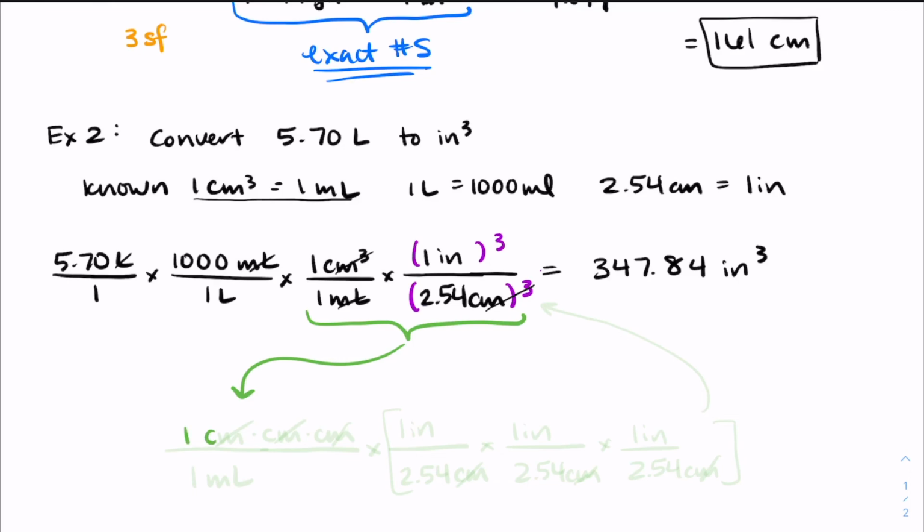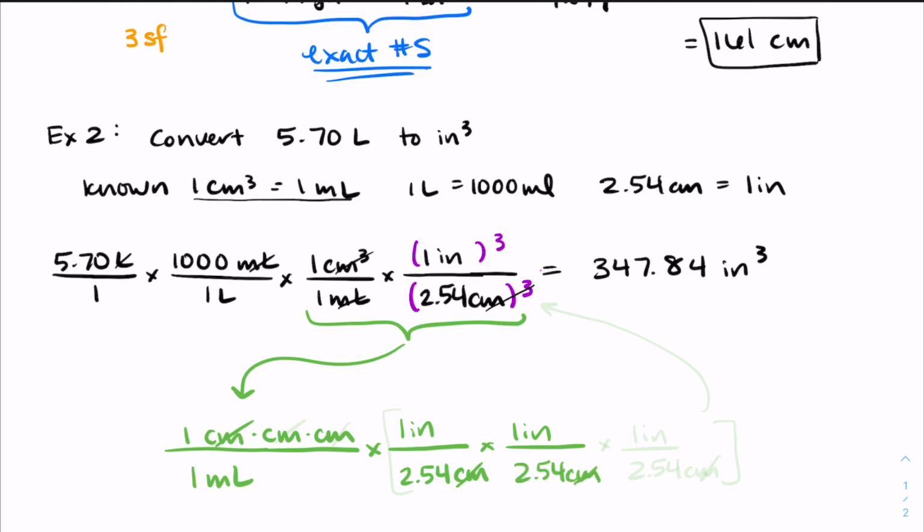Right, so if I expand this out a little bit, 1 cubic centimeter, that's really 1 centimeter times centimeter times centimeter, right? That's the meaning of cubic centimeters. So if I use the conversion 1 inch over 2.54 centimeters, that only cancels 1 of my centimeters.